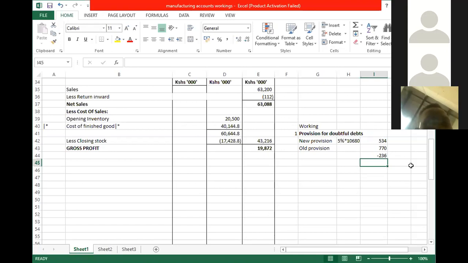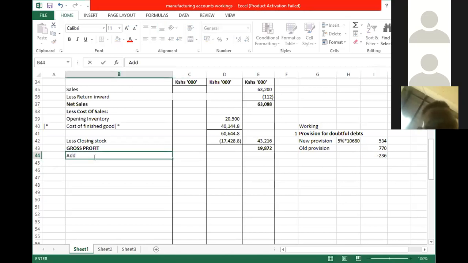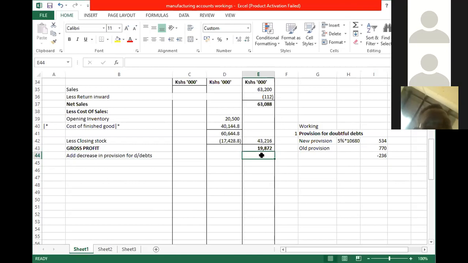What do we do with that decrease? I told you how to treat it. We said that it should be added to gross profit. I remember explaining this. It should be added there as part of the income.